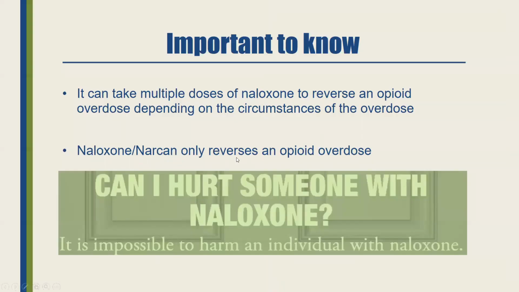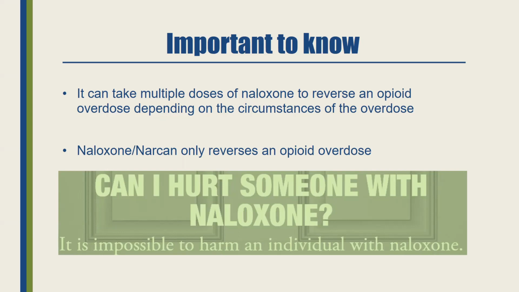A couple other things that are important to know about naloxone. It can take multiple doses of naloxone to reverse an opioid overdose, depending on the circumstances of the overdose. Especially with fentanyl involved, which we will talk about later, we've heard that sometimes it takes upwards of 6 doses to effectively reverse an opioid overdose.